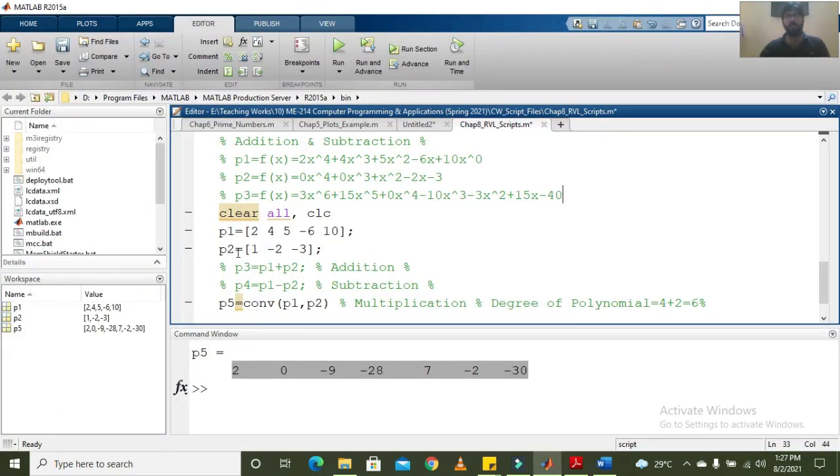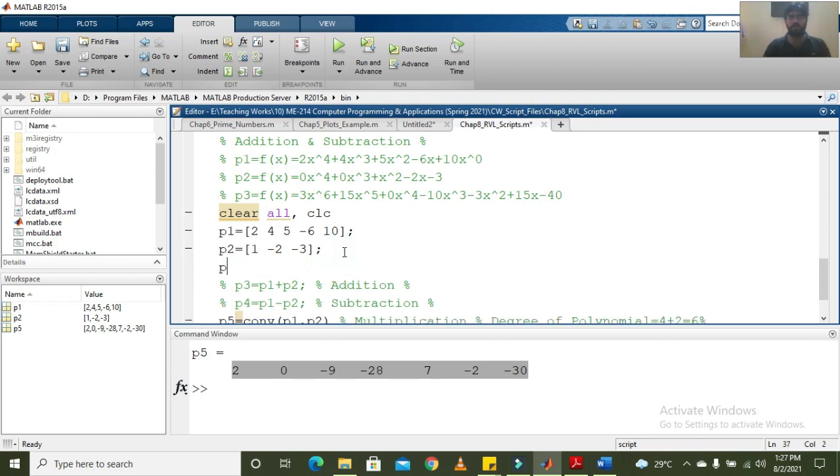So this is what my third polynomial is. Again I defined P3 and it will be 3, 15, 0, minus 10, minus 3, 15 and minus 40.